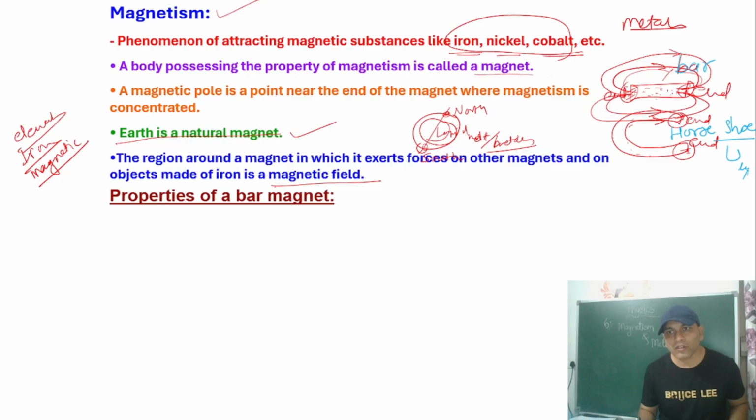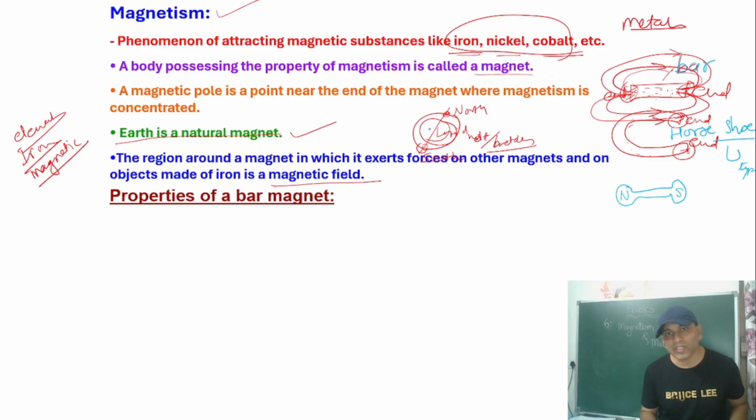There is also a dumbbell shape magnet. Both have ends, and those ends are named north and south.